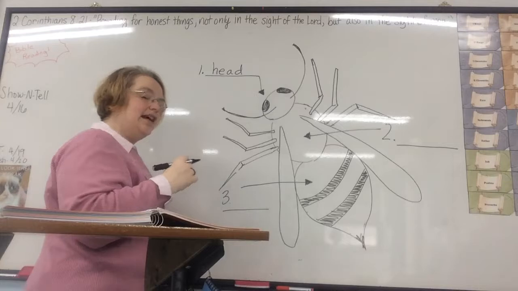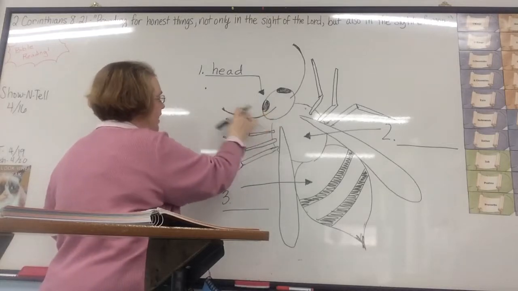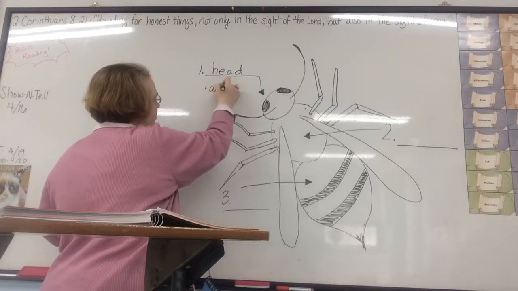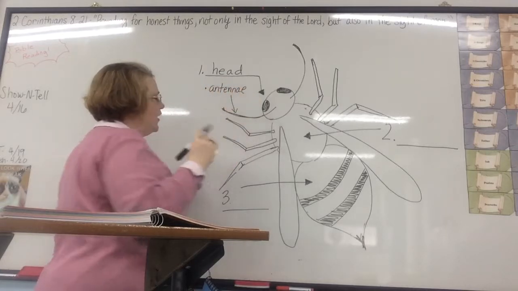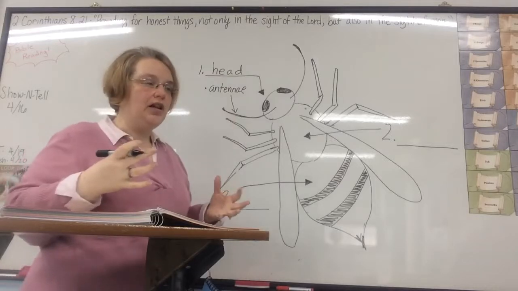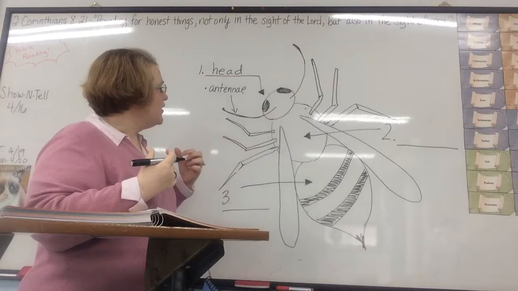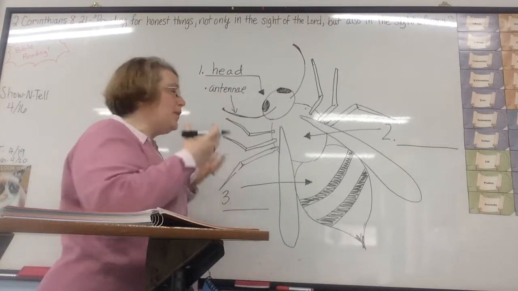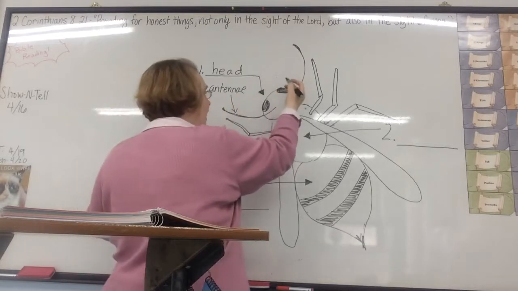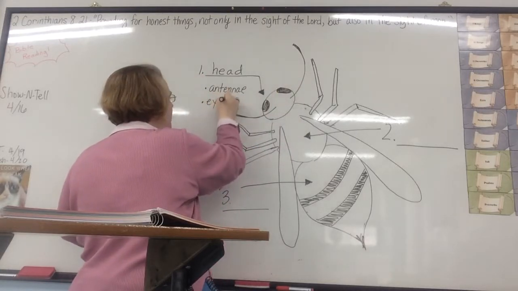Now, some things that are going to be on the head, if you can guess it, these long things, they're called antennae. And they are used to collect information about the world around them. Another thing that is on the head, and not all insects have this, but they have definitely eyes, but many of them are compound eyes.